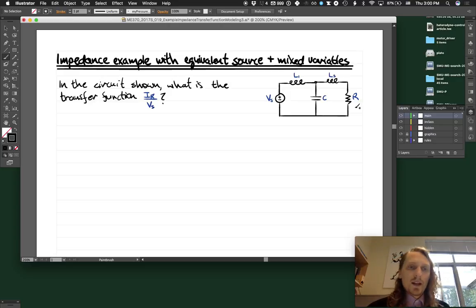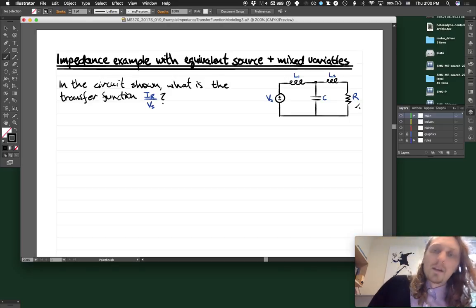However, we would like the transfer function from Vs to Ir, which is closely related just through the impedance of R. So we'll do that in the last step pretty easily. We're going to go after Vr over Vs first, using the voltage divider rule, and then in the last step we'll convert it to Ir.